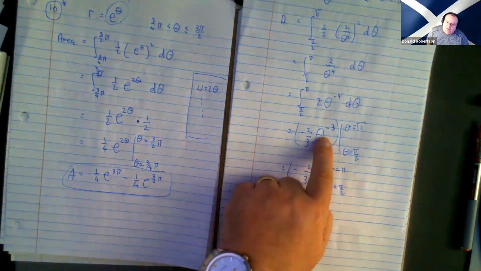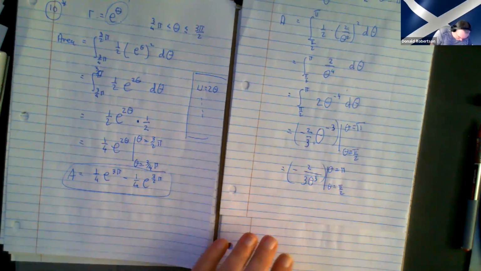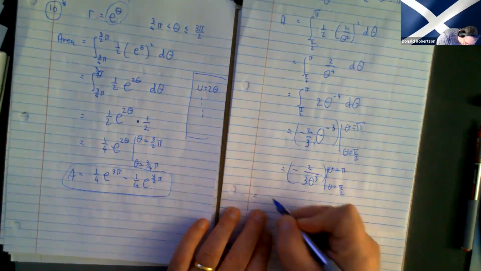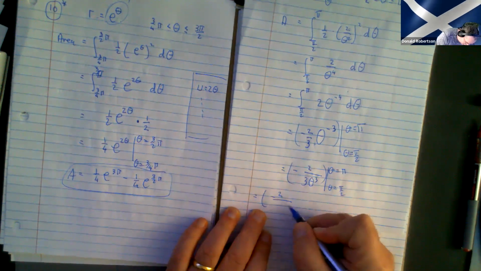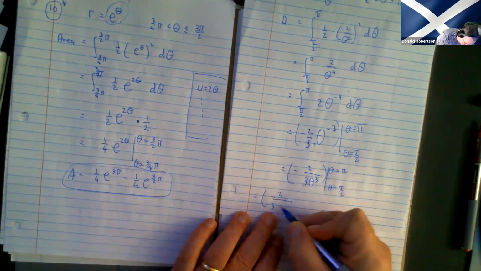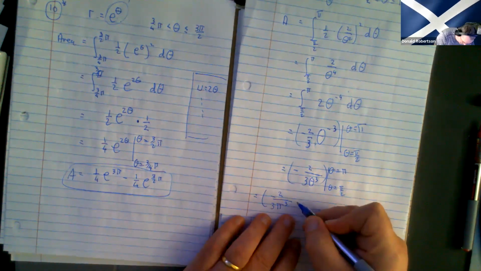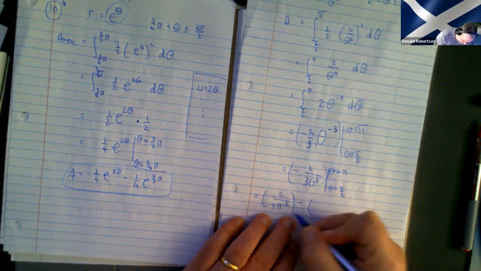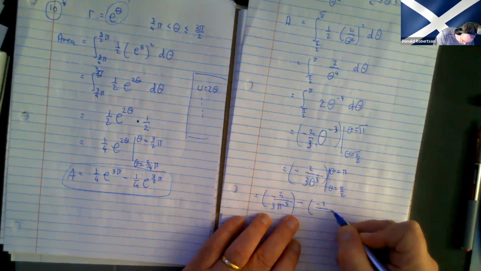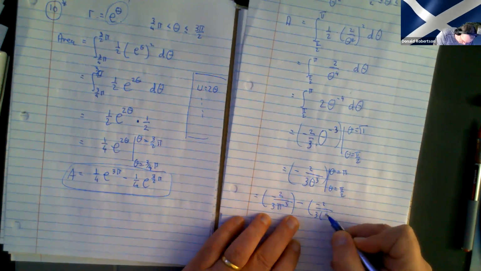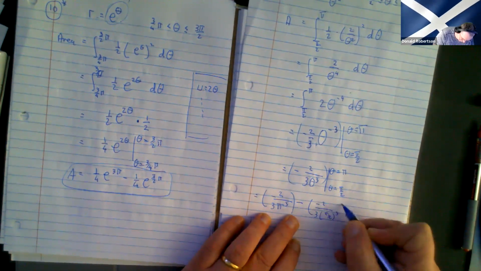So return it to the original style points. Let's see what that gets us. -2 over 3 times pi cubed, take away -2 over 3 pi over 2 cubed.